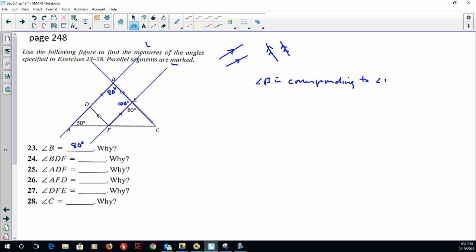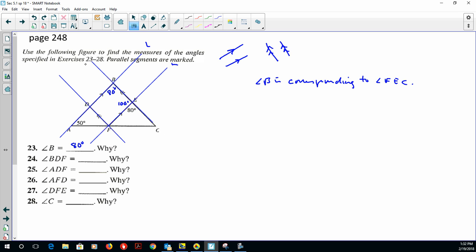Now, let's do BDF. Okay. Now, BC, okay. Here I have a line N and a line O, and they're parallel.